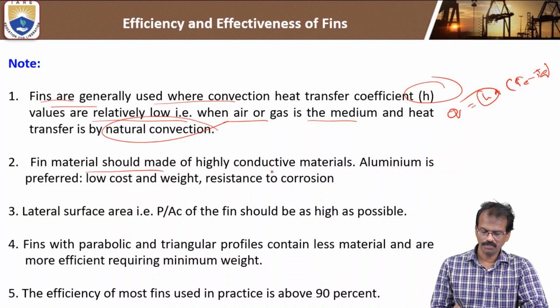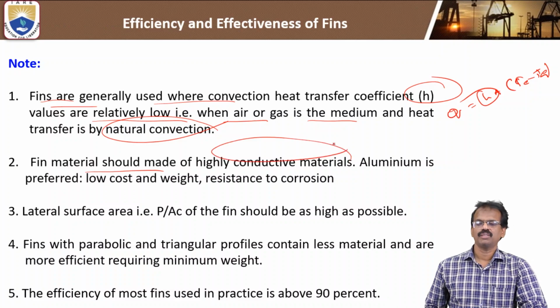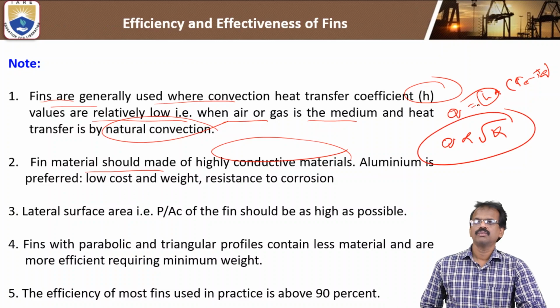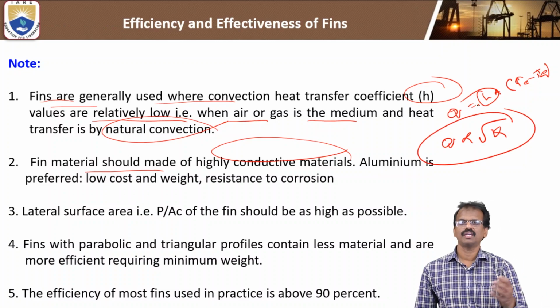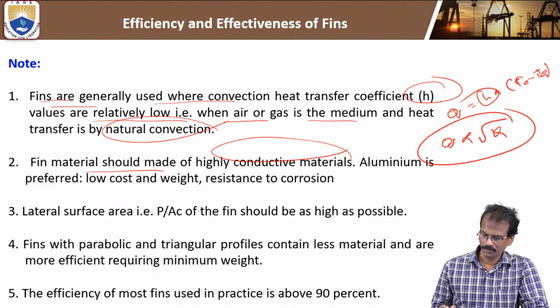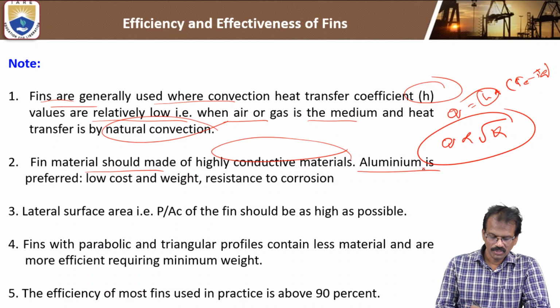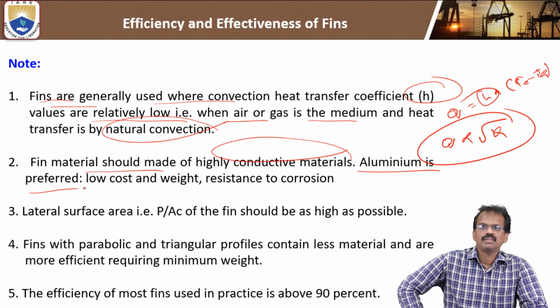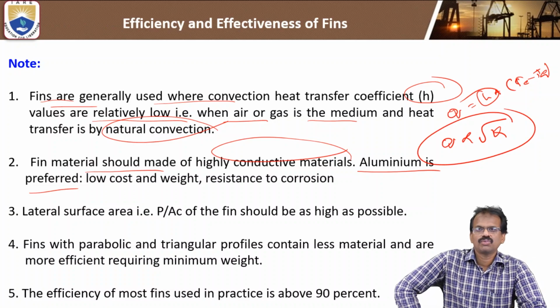Fin material should be made of highly conductive material because Q is directly proportional to root k. If the material has high conductivity, then the performance of those fins is very effective. So aluminum is the preferred material because aluminum is low cost and it has good conductivity compared to copper.